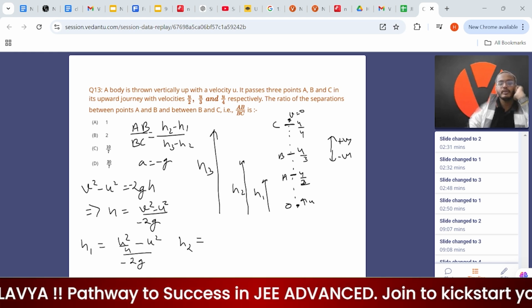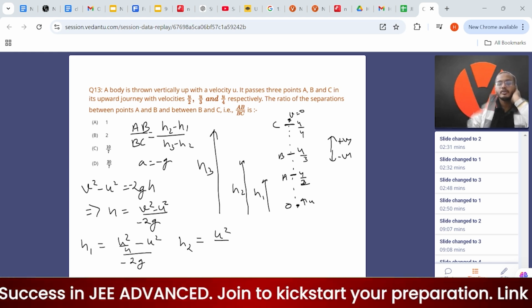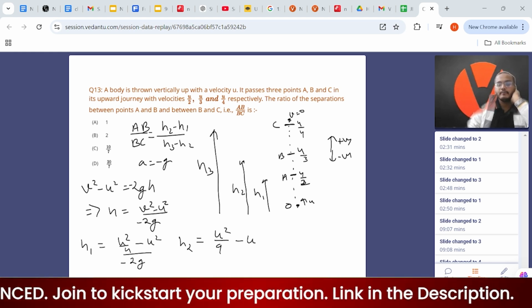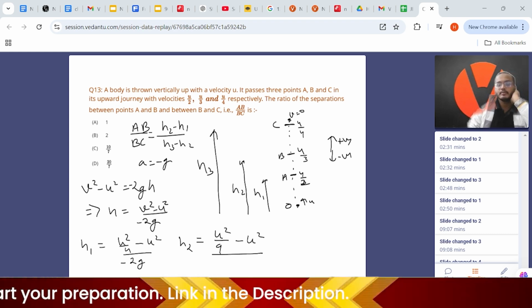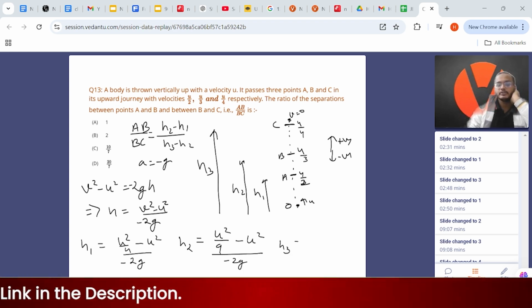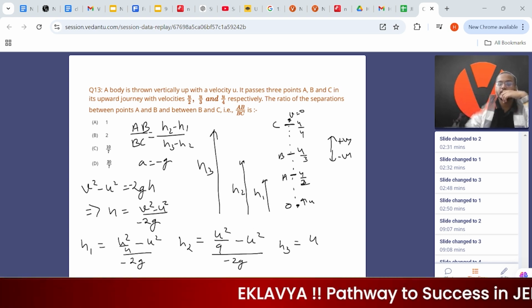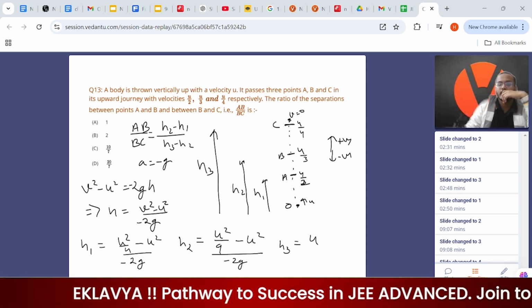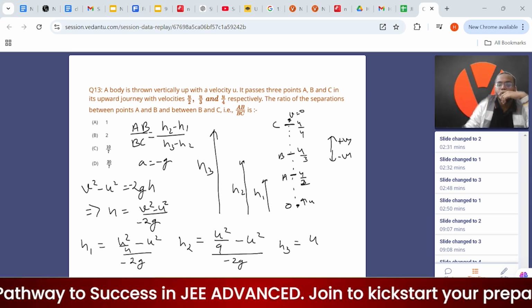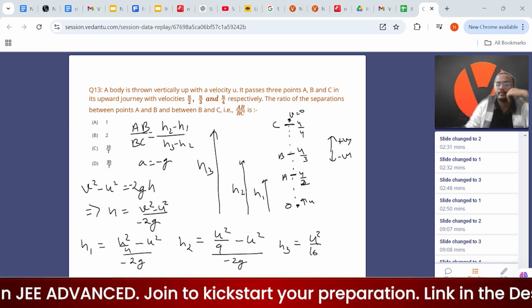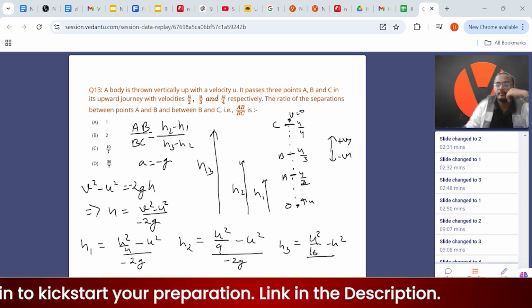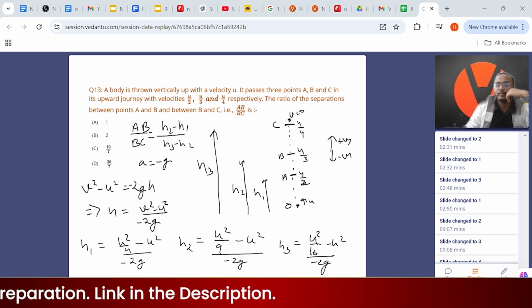Now H2 will be equal to U square by 9 minus U square divided by minus 2G, and H3 will be equal to U square by 16 minus U square divided by minus 2G.